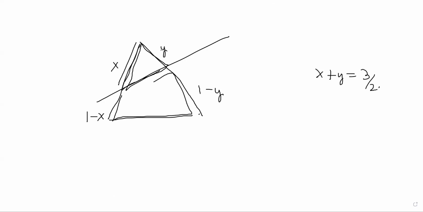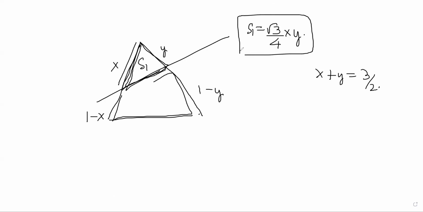And we already knew the area of this S1 will be root 3 by 4 xy. We are using the formula half into BC sine A, which gives us the area of any triangle, right? And the total area we already know S is root 3 by 4. After that, it was just taking the right ratios and trying to maximize this S1 by S2.